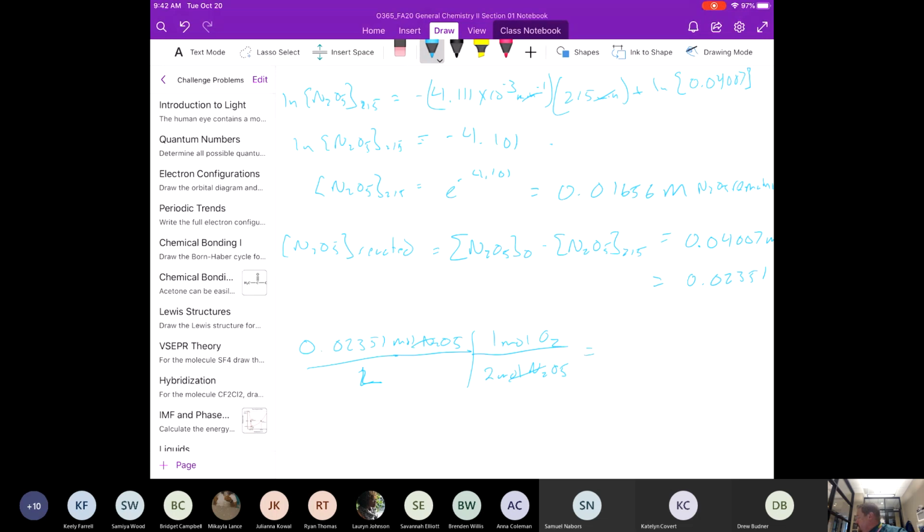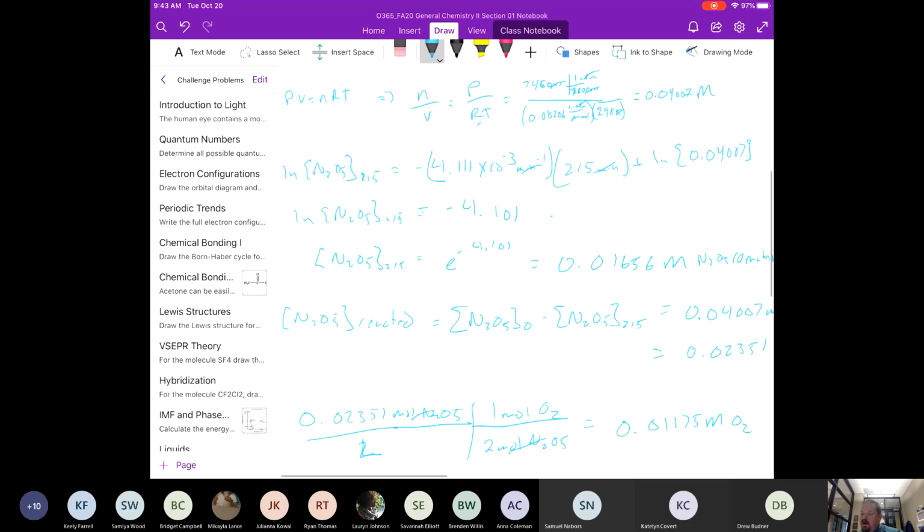So when we do that math, we end up with 0.01175 molar of O2. Now we're in terms of O2, but the problem, if we go back, doesn't want a concentration, it wants a partial pressure.